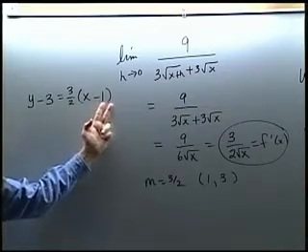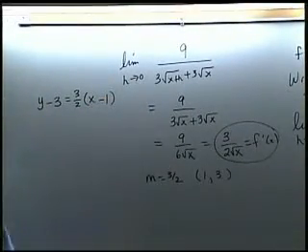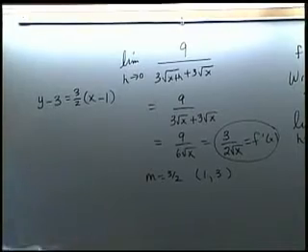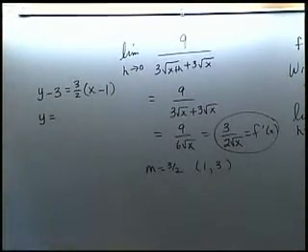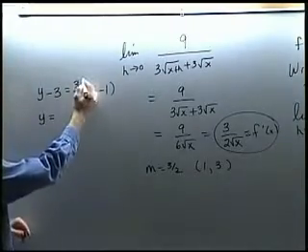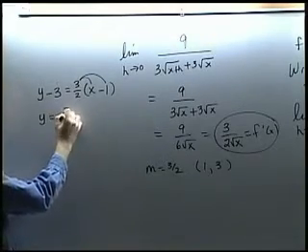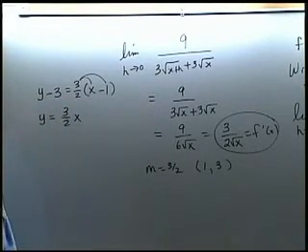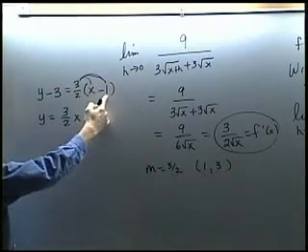And so this is the equation of our line that we have for the tangent line. Again, the book may want to go through and simplify this. They may want it to look like mx plus b. So what could be done to simplify this is you can actually distribute on the right side here. So I would have 3 halves times x. I would have negative 3 halves when I multiply this through.